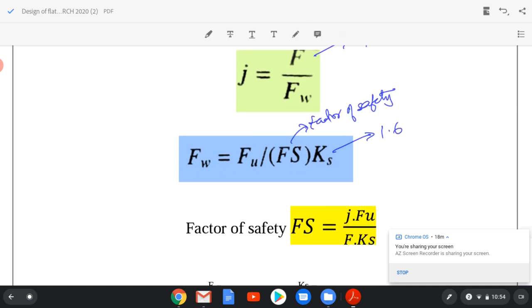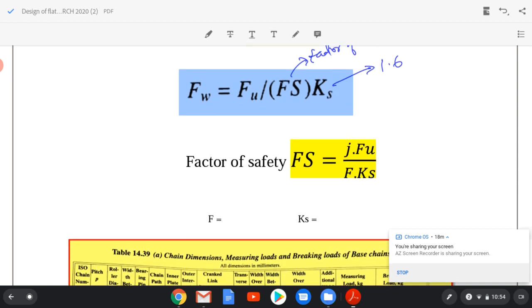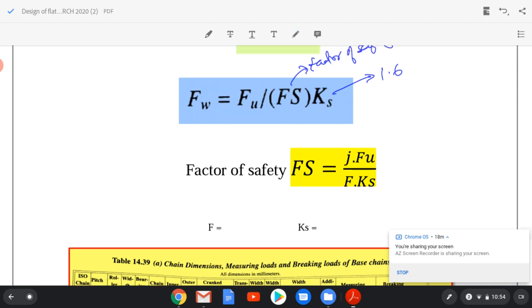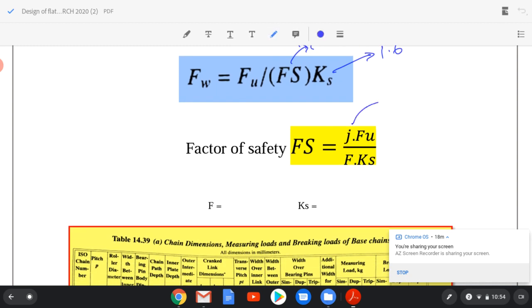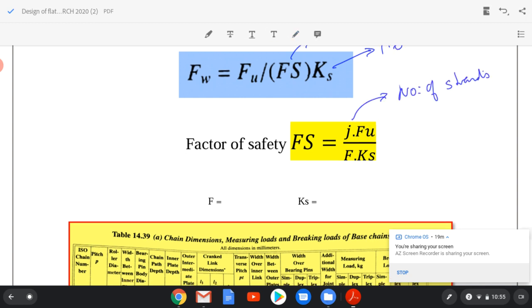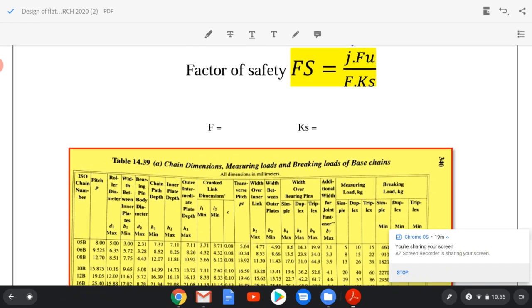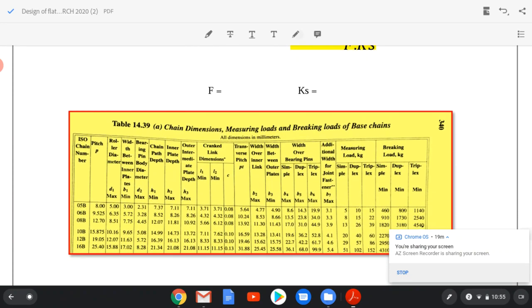Now I can write these two equations in terms of Fs as Fs equal to J into Fu by F into Ks, where J represents the number of strands. Now I will get Fu, that is the breaking load, from this table. Fu should be in Newton, here it is given in kilograms.